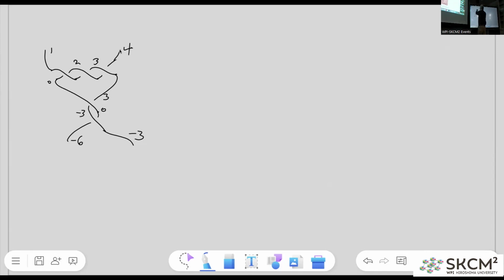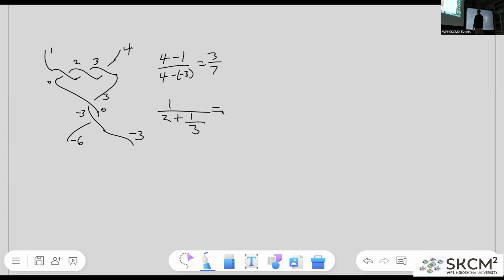And then I like to go this distance in that one. So 4 minus 1 divided by 4 minus 3 is equal to 3, 7. So that guy is 3, 7. And if you did it the other way, you would have said 1 divided by 2 plus 1 over 3, and that's equal to 3 divided by 7, check, right?